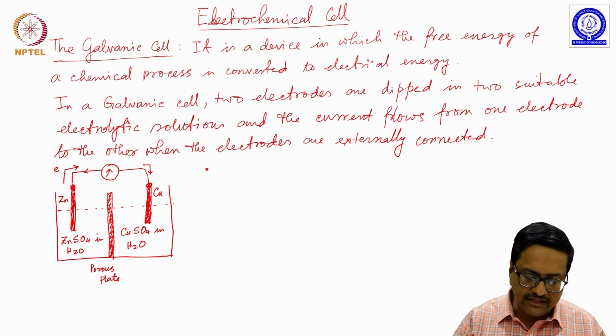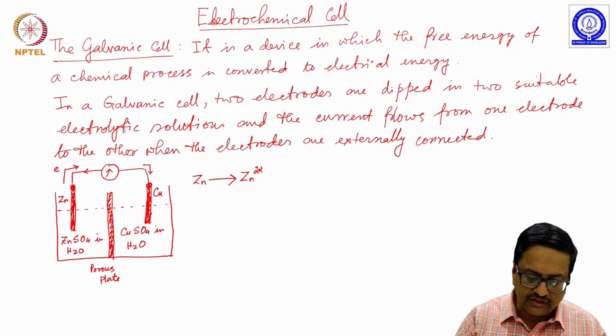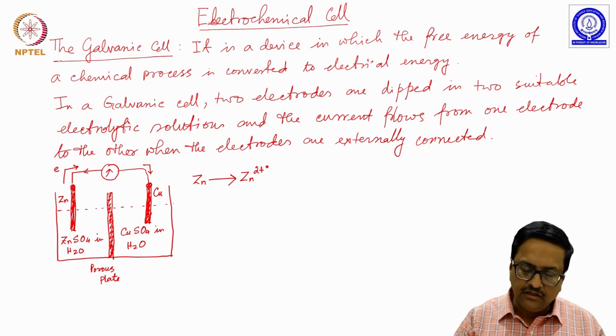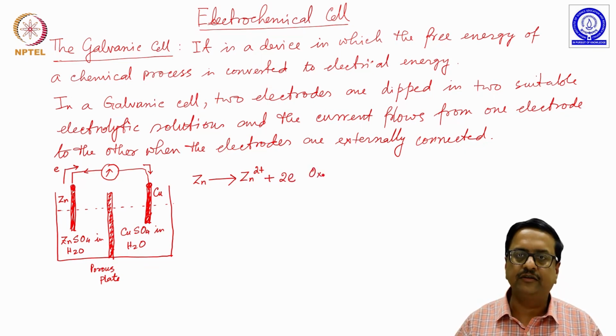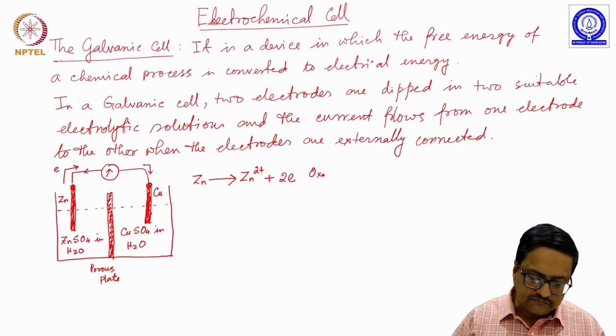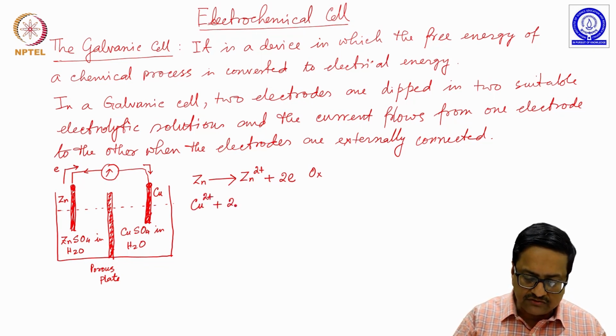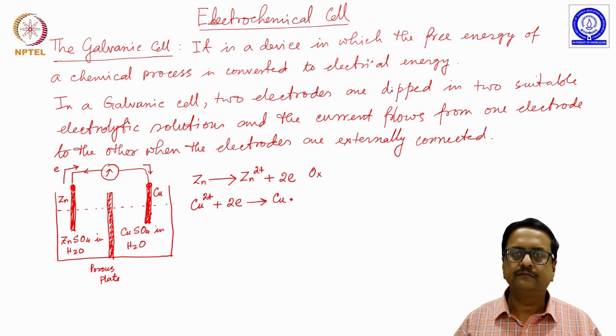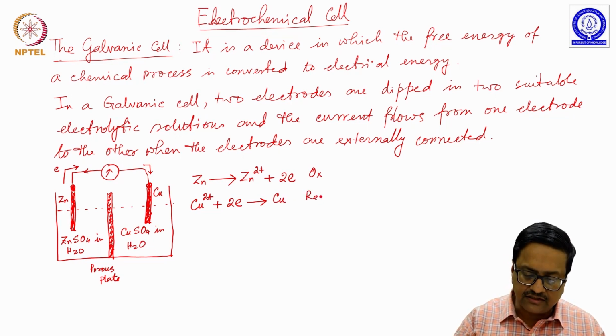So what reaction can happen? Zinc metal can get oxidized to Zn2+ and come to solution and release 2 electrons at the electrode. So here it is oxidation that is taking place. On the other hand, on the right hand side, this Cu2+ takes 2 electrons from the electrode and gets converted to copper metal. So this is a reduction process that is happening.